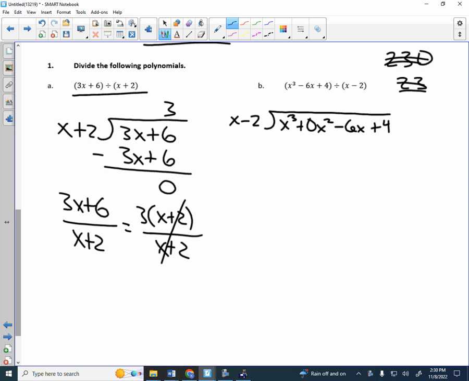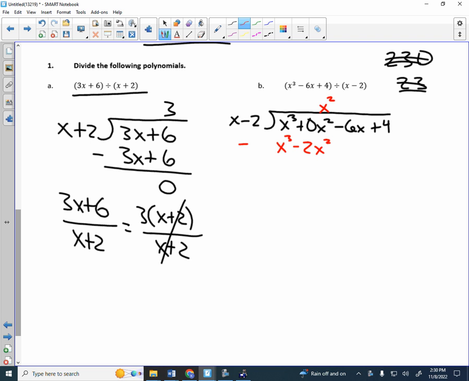So let's go to work here. x times what is x cubed? So therefore, we place the x squared above the x squared. We multiply it back through. x squared times x is x cubed, minus 2x squared.